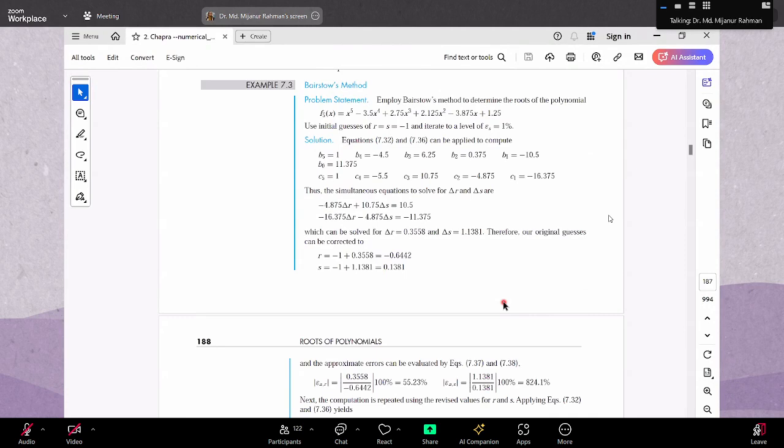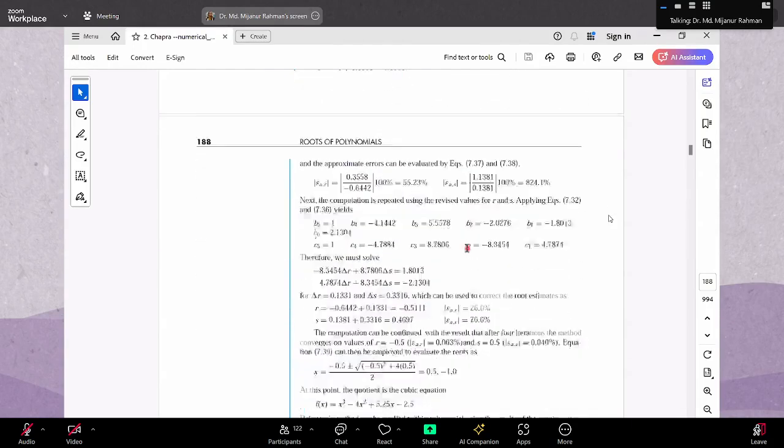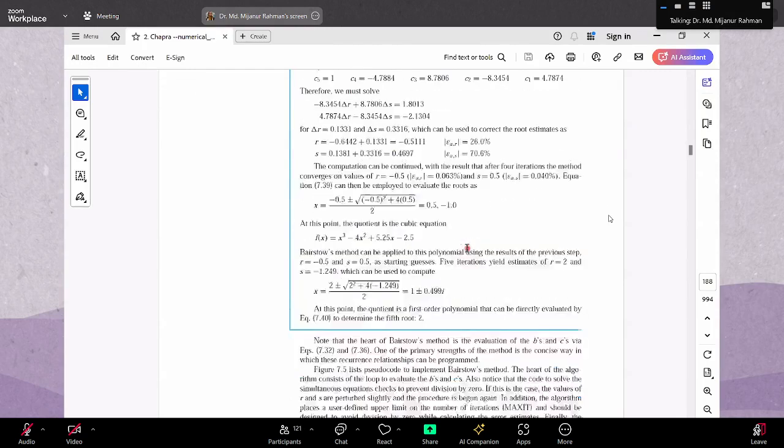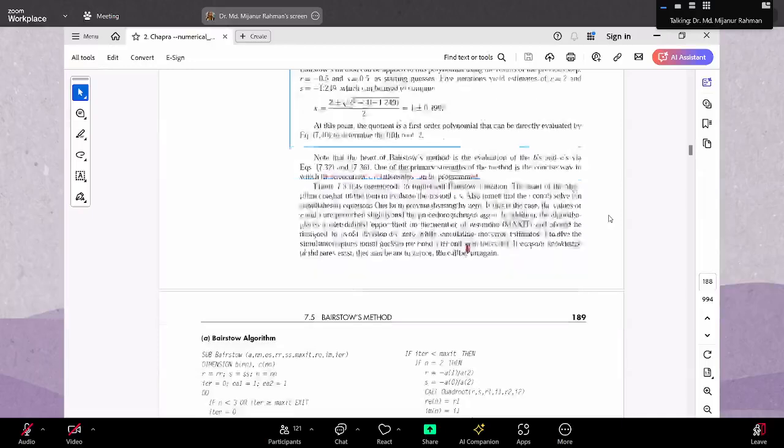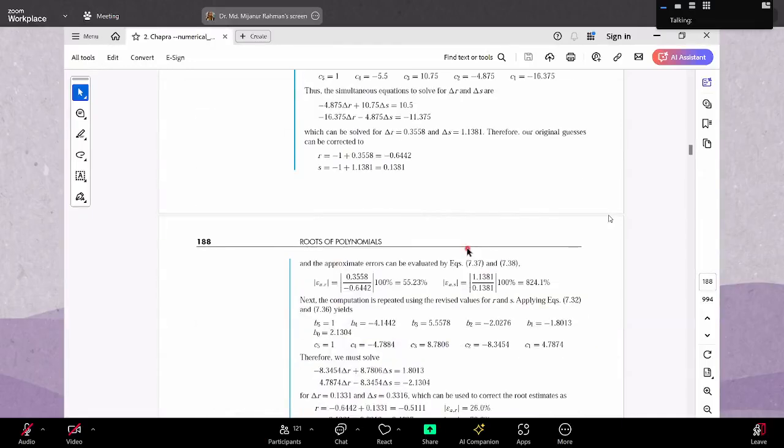So in this class, our target is to solve a problem by using the Barrister method. This is a problem, example 7.3. I recommend you solve it after this class. You can take help from the book. That is why I am not discussing this problem, but I am going to solve another problem from another source.